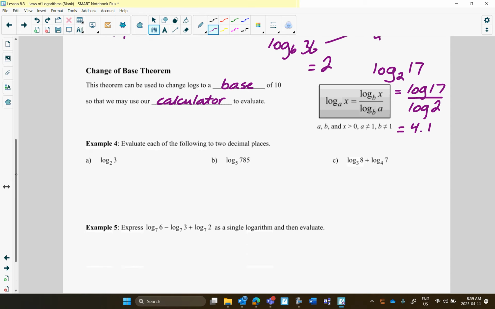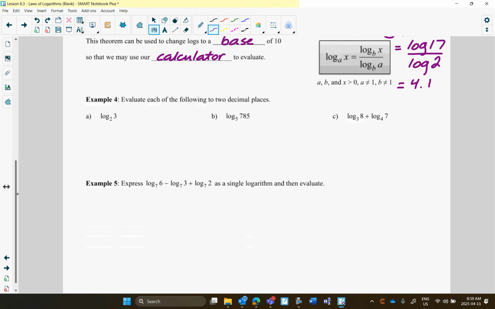So like these ones here, well, 2 to the what is 3? I can't do that mentally. So I have to write it out like this and use my calculator. This one, I can't do mentally. 5 to the something is 785. I don't know, it's going to be a decimal.